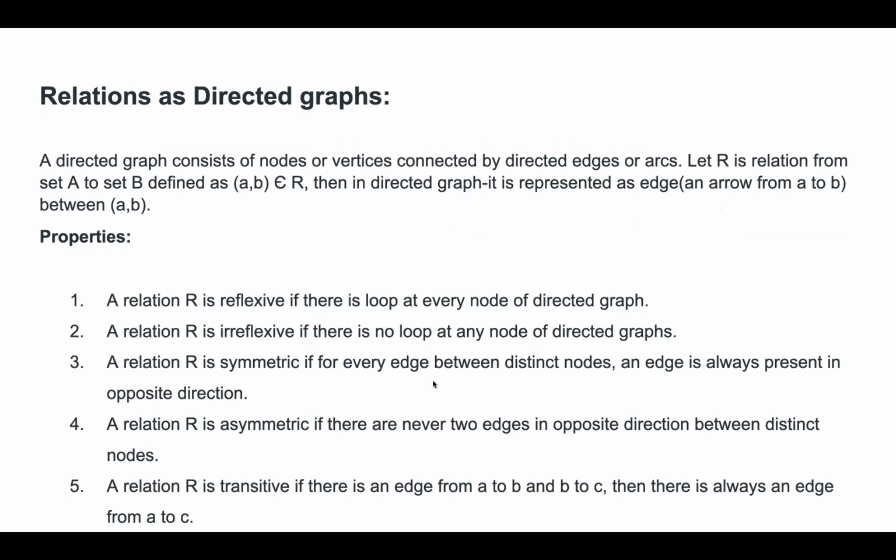If A to B is there, then B to A is also there. In that case, it will be known as symmetric. And if it is not there, then it will be known as asymmetric.